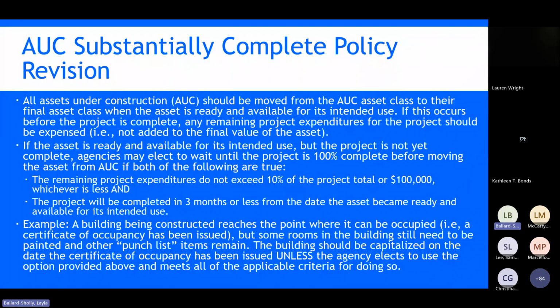You'd have to move the cost in AUC as of the date of occupancy to the final asset class, to the building. And then the remaining $200,000 would just be expense, because that remaining amount, even though it is 10% of the total project, it is greater than $100,000.